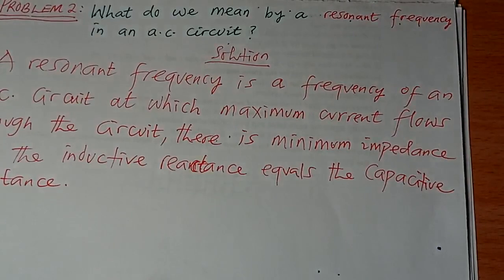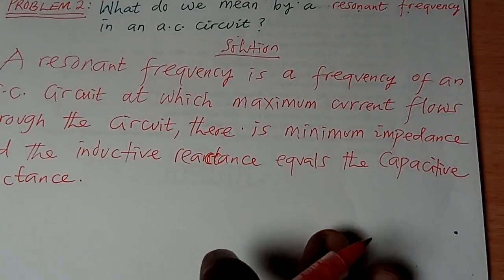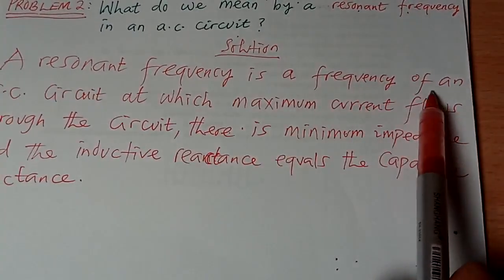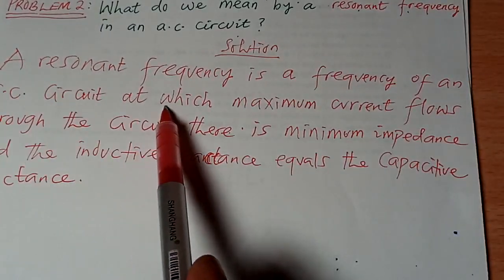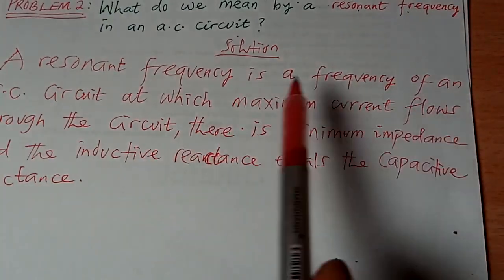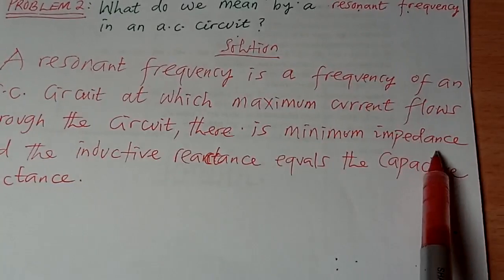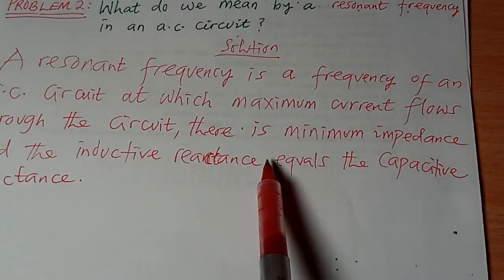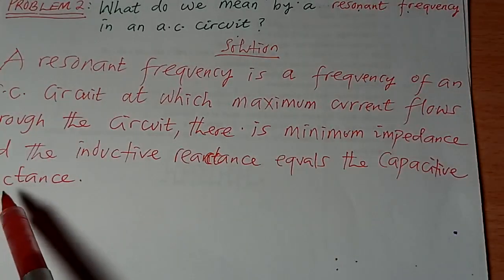You see that? So we say a resonant frequency is a frequency of an AC circuit at which maximum current flows through the circuit, there is minimum impedance, and the inductive reactance equals the capacitive reactance.